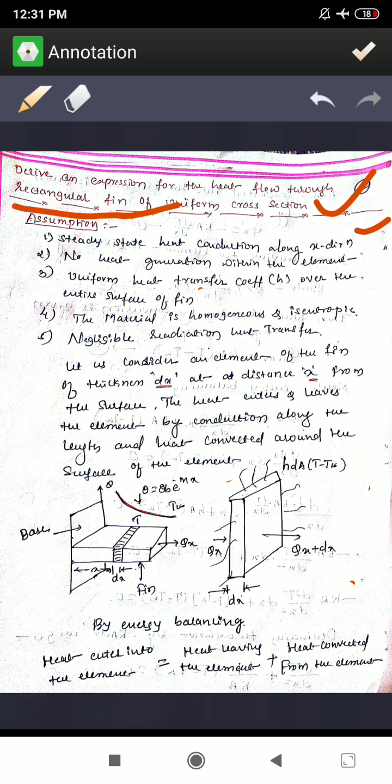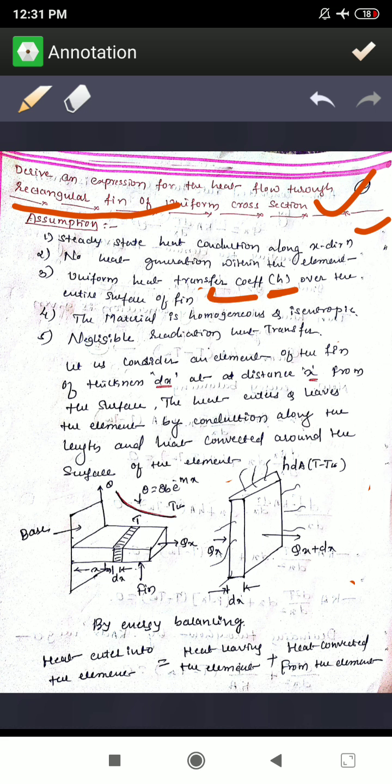The second assumption is no heat generation within the element, that is, within the extended surface or fin. Next is a uniform heat transfer coefficient, h. So h is constant, or uniform, over the entire surface of the fin.